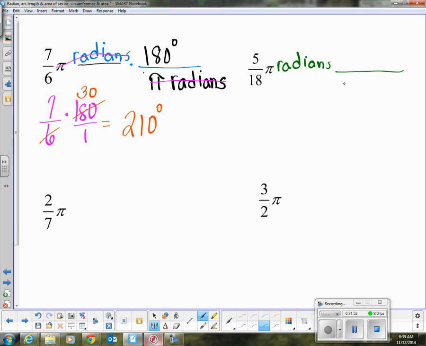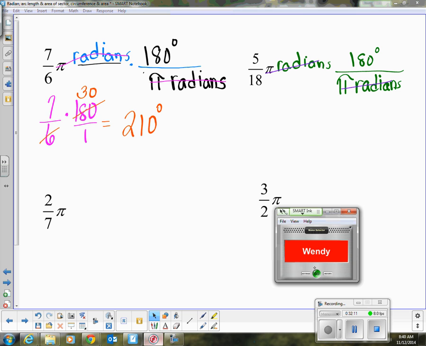Multiply 180 over pi radians. So we're going to do 180 degrees on top, and that's only on top because radians is on top over here. So in order to make radians cancel, they must be in the denominator. So the pi radians and the pi radians are gone. We are now officially into degrees. We have to simplify our degrees.